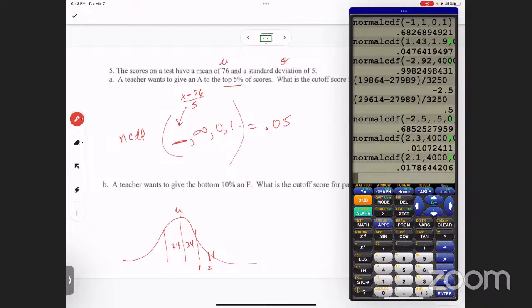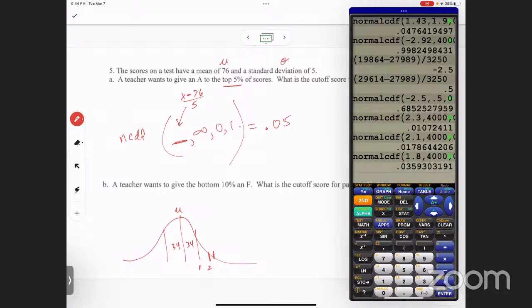See if that works. Okay, so we actually needed to be to the left of that. So let's try 1.8. Do you understand what I'm doing here? Sorry, how do we know it needs to be to the left of 0.01? Because I want this number. Look at the number I'm getting. What do I want that number to be? Oh, 0.05. Okay. Yeah, so I'm just continuing to go to the left until I get that number where I need it to be. So let's try 1.7.